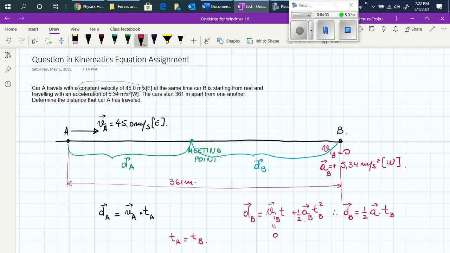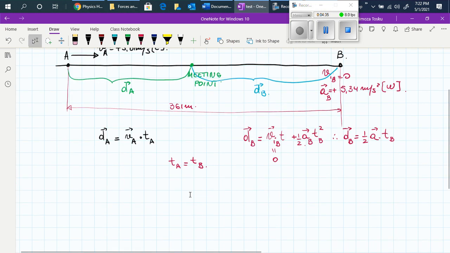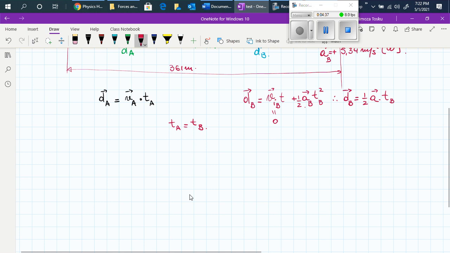So this reduces our equations: the displacement of car A is the velocity of car A times t, and the displacement of car B is 1/2 the acceleration of car B times t squared.